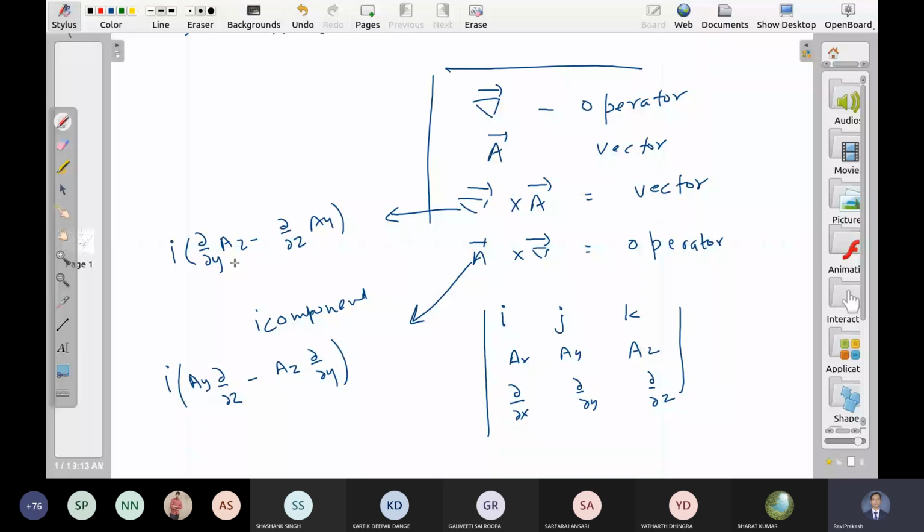You have to put some function in front of these differentials. So operators sometimes behave like vectors, but obviously they are not vectors, so you cannot extend them very blindly. Same thing is happening here. So we have to do the full calculation and then we will get this result.